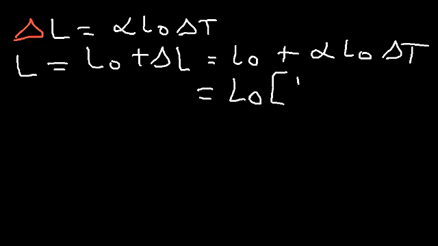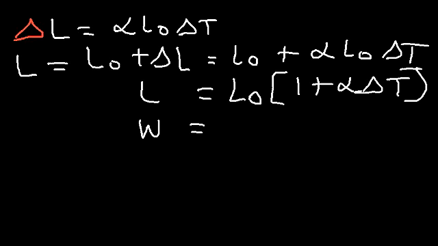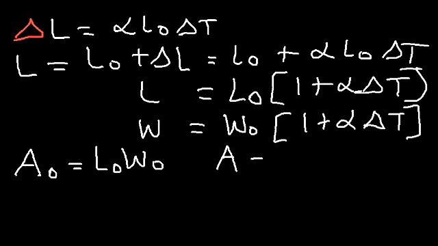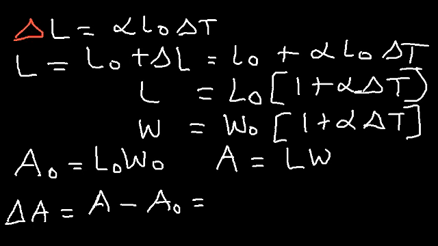If we do, it's going to be 1 plus alpha delta T. So that's L. If that's L, we could say that W is W0 times 1 plus alpha delta T. Now, the original area is the original length times the original width. The new area is the new L times the new width. So therefore, the change in area is the difference between the new area and the original area, which is LW minus L0 W0.